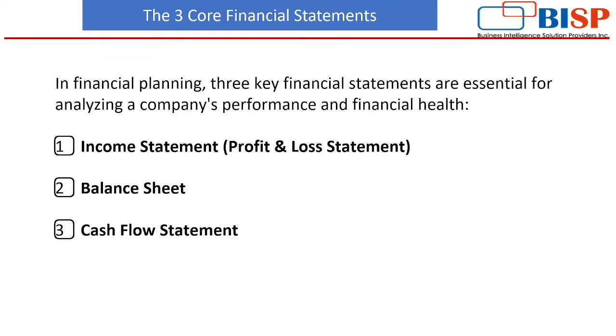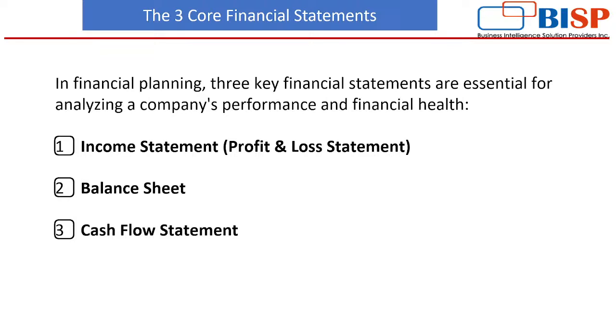Now to start with, you should have a basic knowledge of income statements, balance sheet, and cash flow statement, which are the major key financial statements for analyzing a company's health and performance. Firstly, we have the income statement, also known as P&L or profit and loss statement, which shows the company's profitability over a period, let's say monthly, quarterly, or yearly.